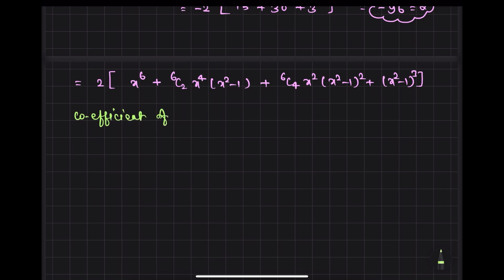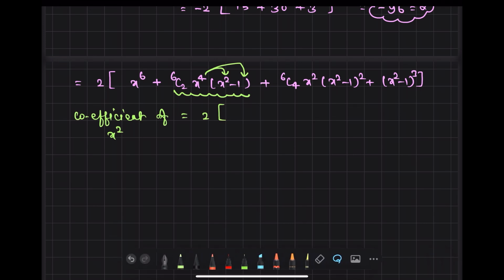Now look at this. Again we have 2 with everything. Now do you think it will contribute to x square? No, it is x power 6, so it is not possible. Correct? Now, do you think this term will contribute to x power 2? No, because you will have x power 6 and x power 4. Correct? So it won't contribute.